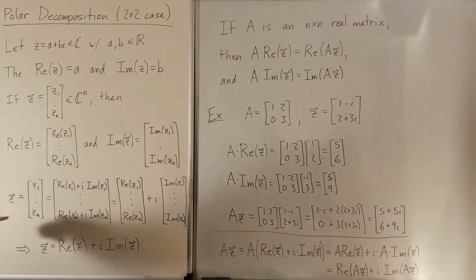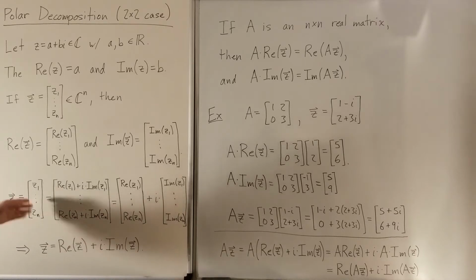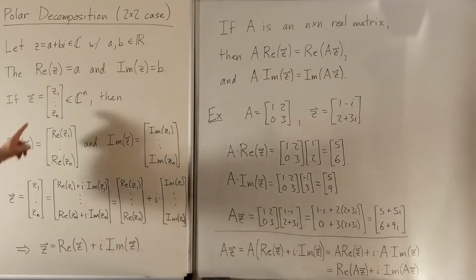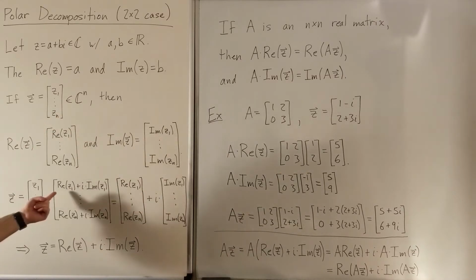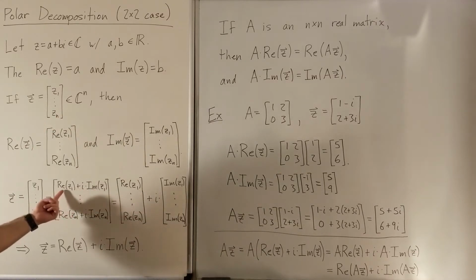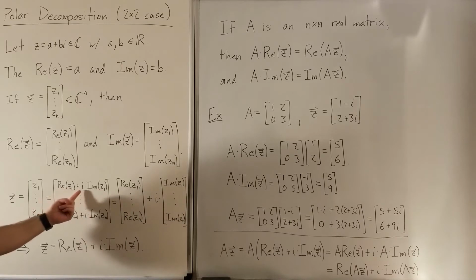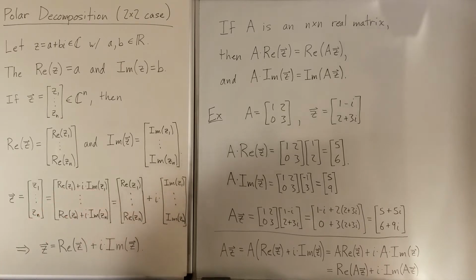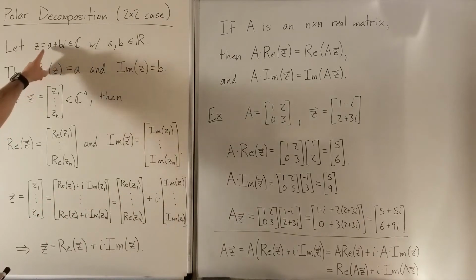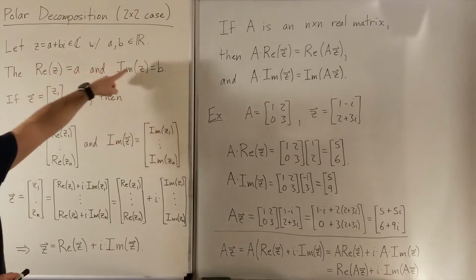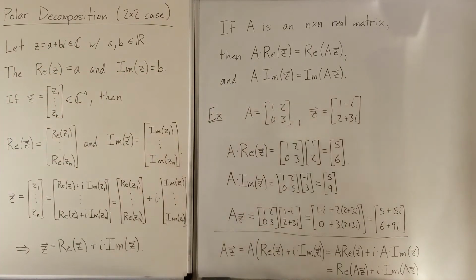So one way to represent this vector z is we can say, first of all, it is just z1 through zn, just like it was before. And each of these individual numbers is their real part plus i times their imaginary part. Okay? So a plus bi, a is the real part, b is the imaginary part.